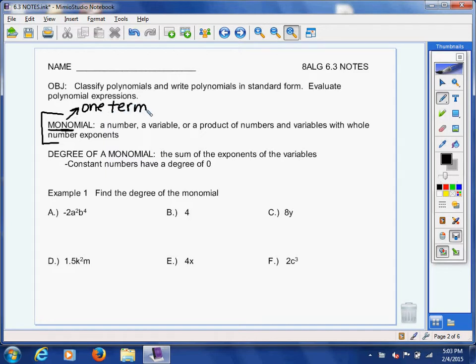Terms are separated by addition and subtraction signs. So when you have more than one monomial, you will know when one ends and another begins because you will see a plus or minus sign.